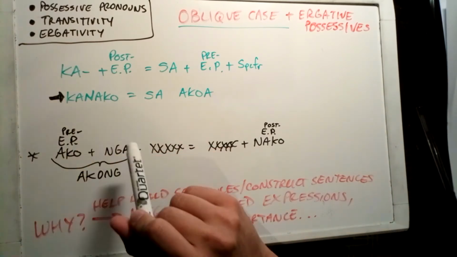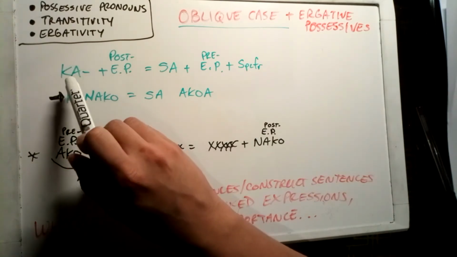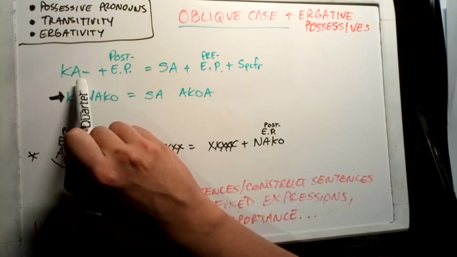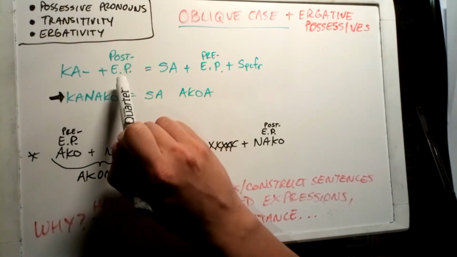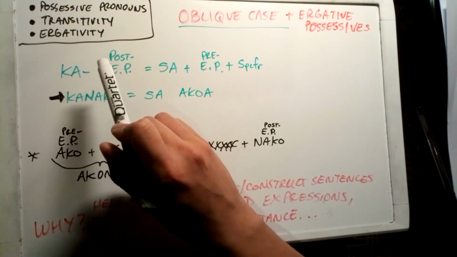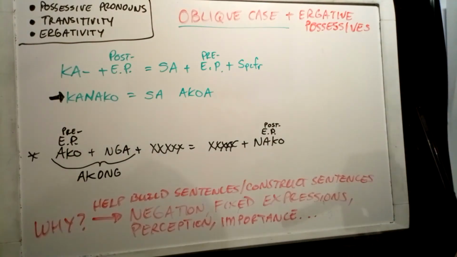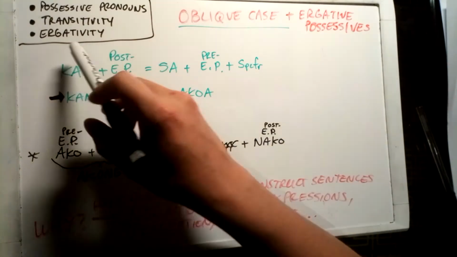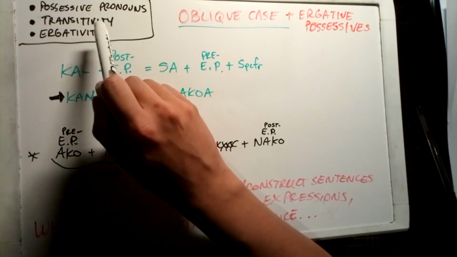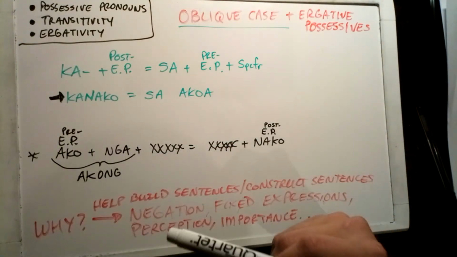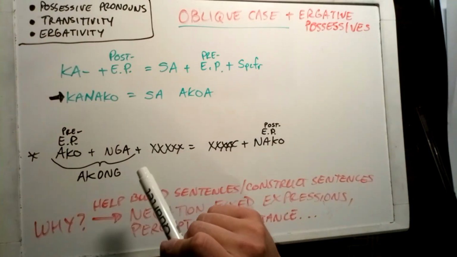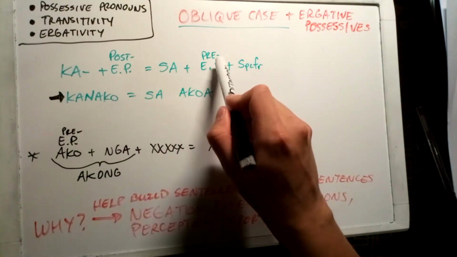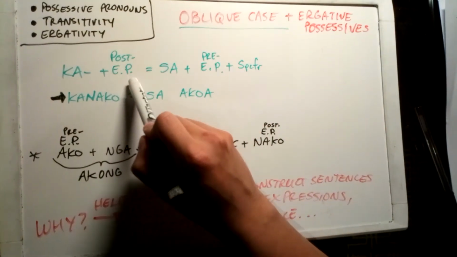The first example I have here is ka, the prefix ka plus a postposed ergative pronoun, which you should already know. And that's why I'm telling you to review your possessive pronouns, because one of the topics you need to review is the post and the pre-ergative pronouns.